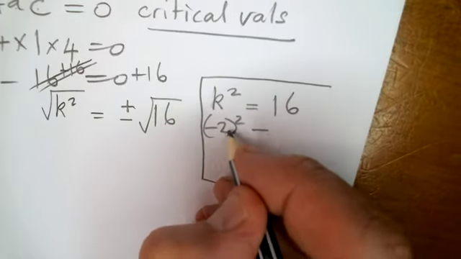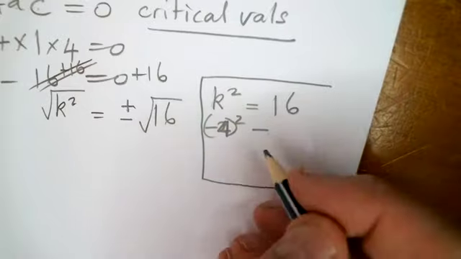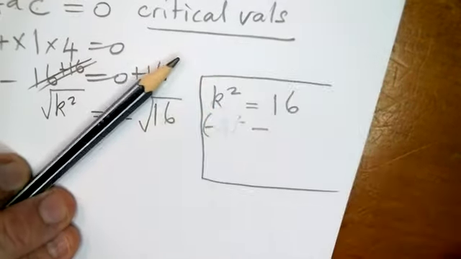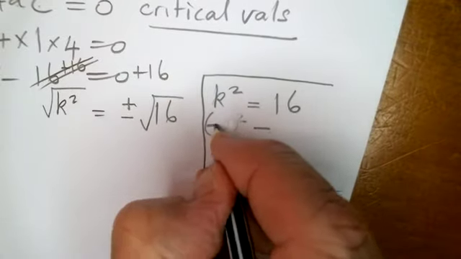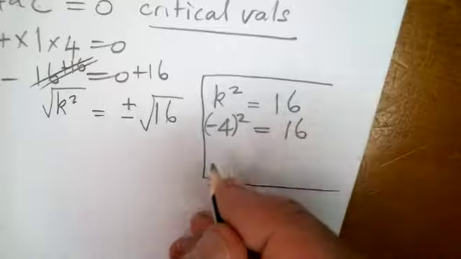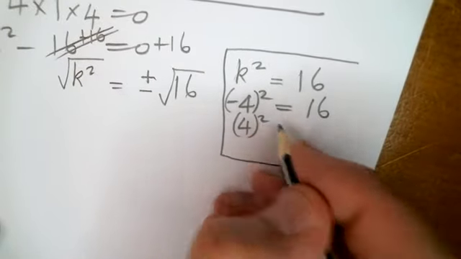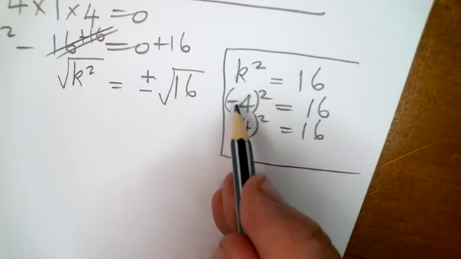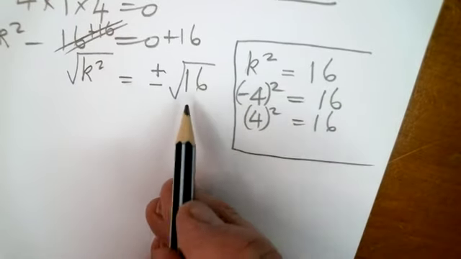It could be negative 4, and negative 4 squared would be 16. Or it could just be 4, and 4 squared would also be 16. So it could be a plus 4, or it could be a minus 4. But what is the square root of 16?